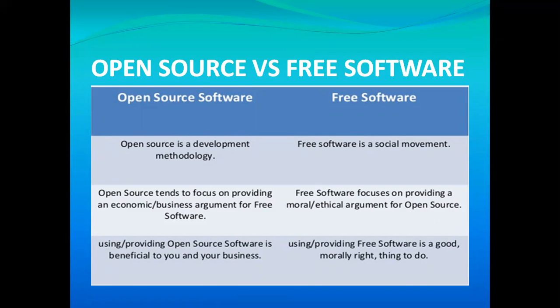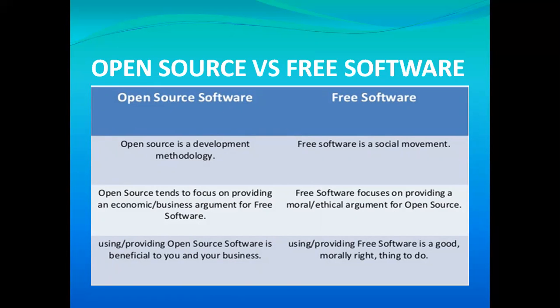On the other hand, open source is more methodological, economic, or business-oriented, because there was a problem when you were pitching an idea to a company and talking about free software, and they were thinking that free software has no monetary value. So they changed that terminology into open source software. For businesses, it is much more beneficial.